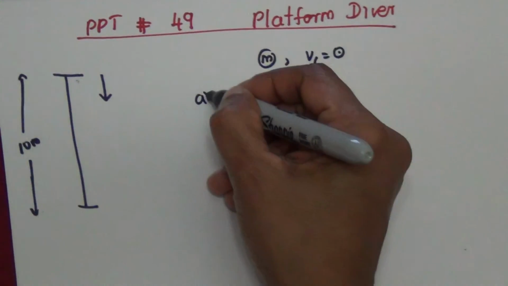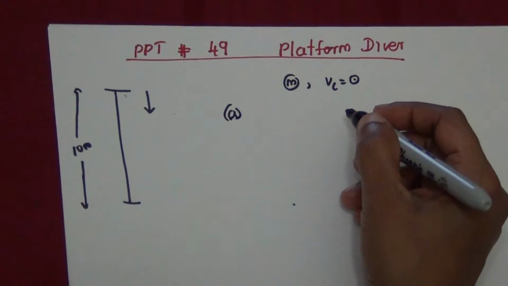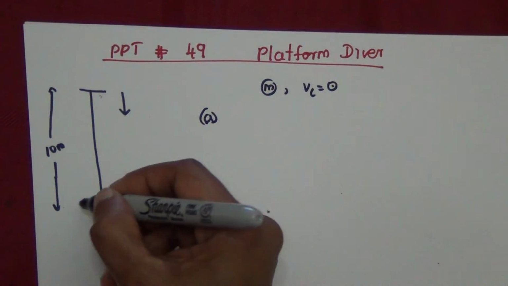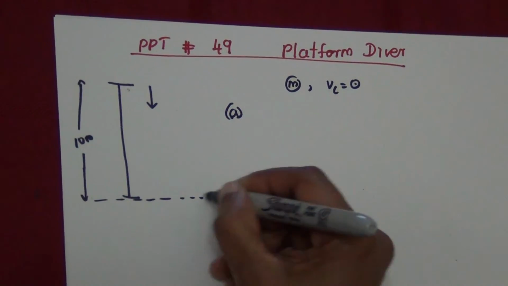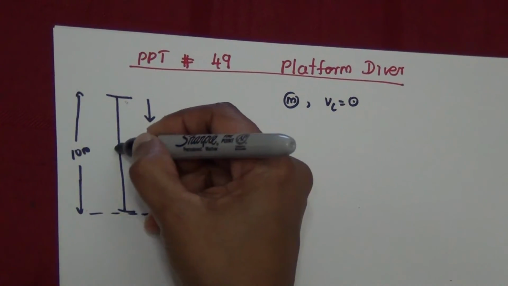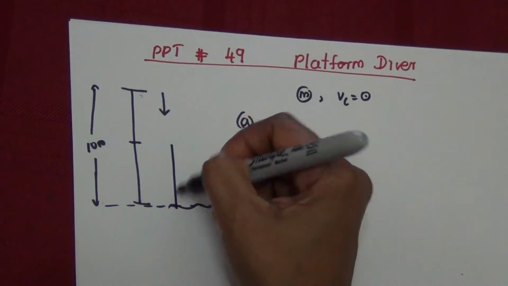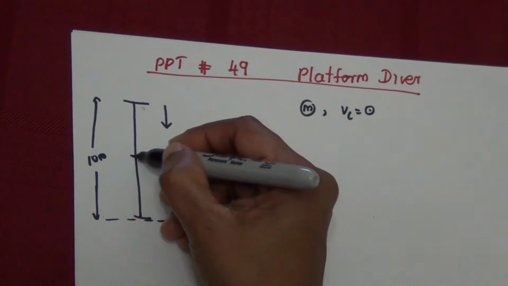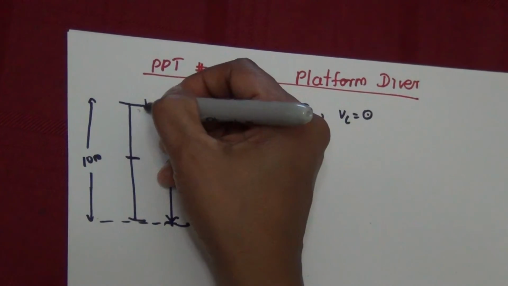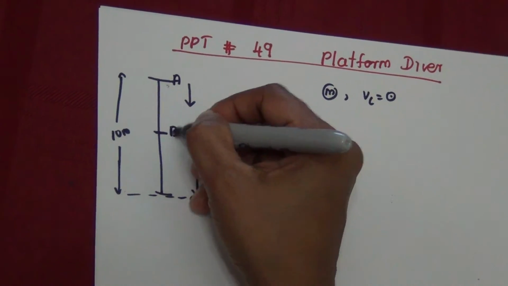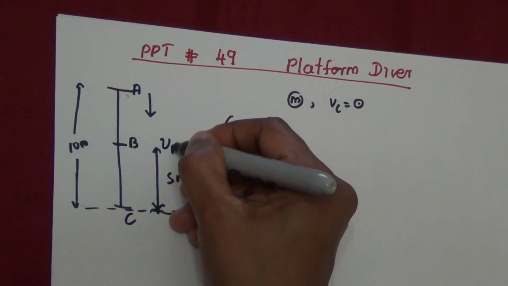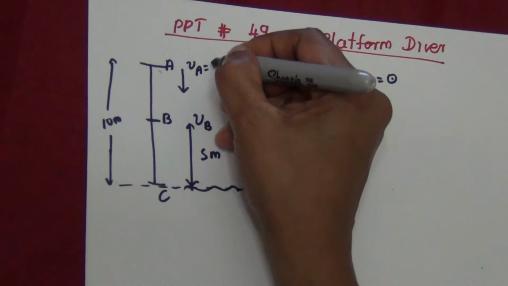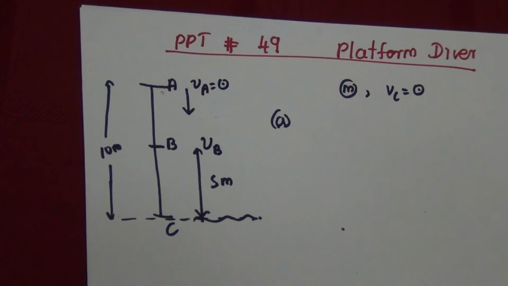Part A asks: find his speed at 5 meters above the water surface. So this is the water surface, right? 5 meters means suppose here, which is 5 meters. So we have to find the velocity here. I'm going to mark these levels as A, B and C. So I need to find VB, and I know the initial velocity is 0, right?